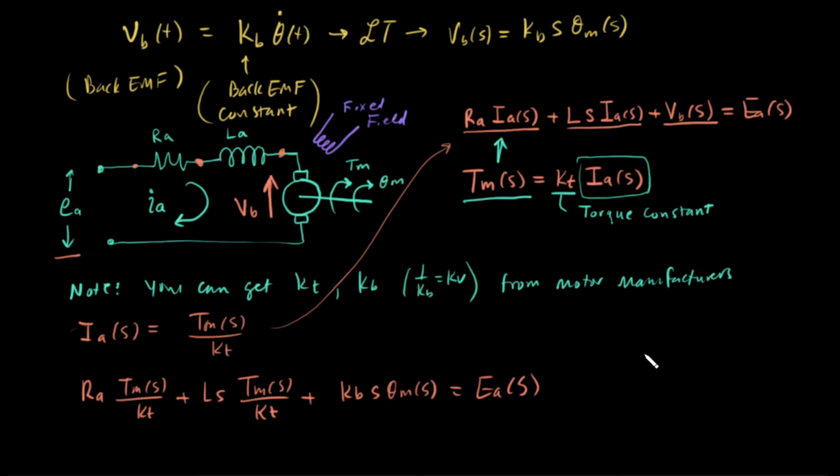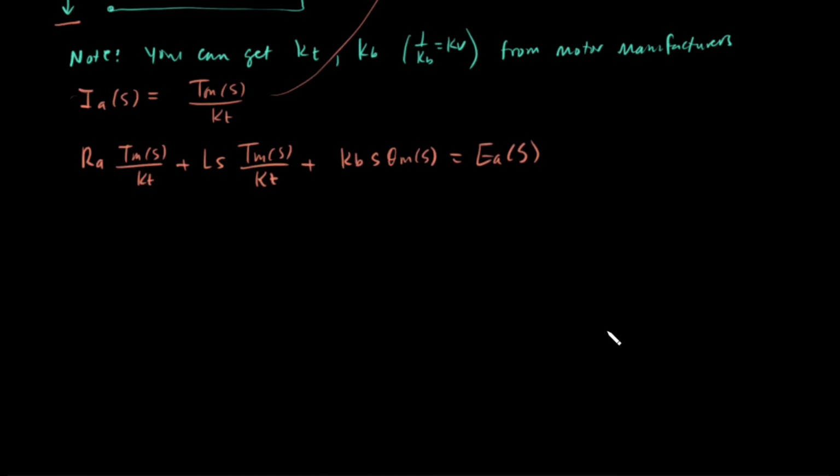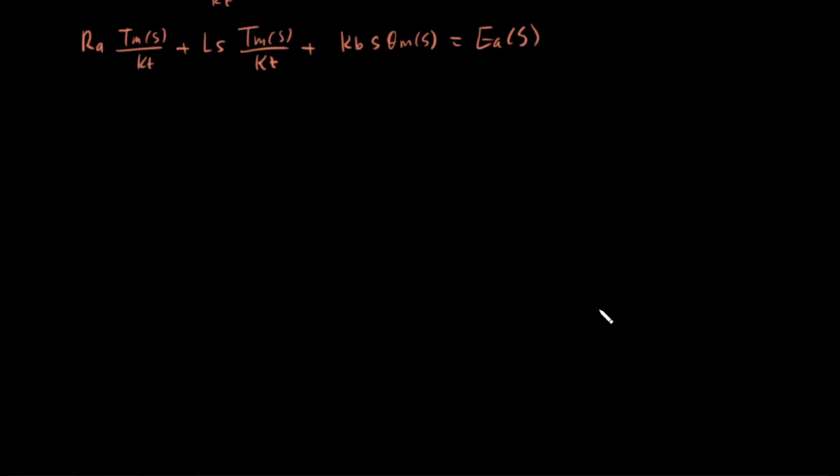And note that we can also model our torque using our mechanical modeling for our torque equations. Okay, so if we have some shaft here, and we have the torque from the motor. We have the position of the motor changing.